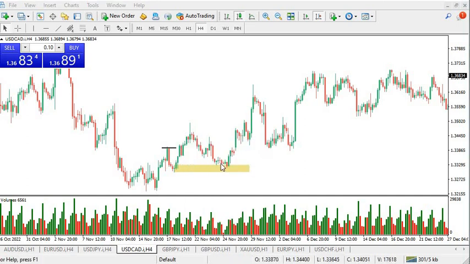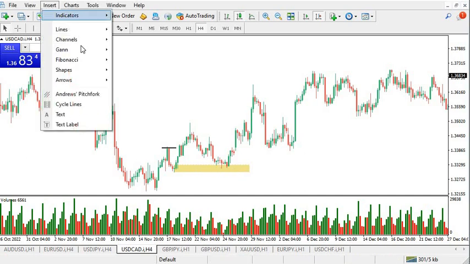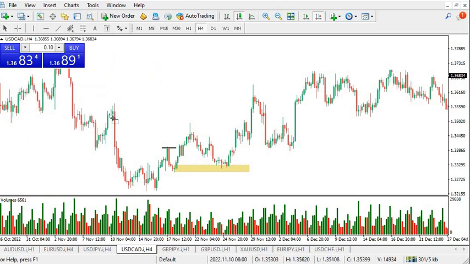So what happened? This one is a bullish order block, and the one above is a bearish order block.